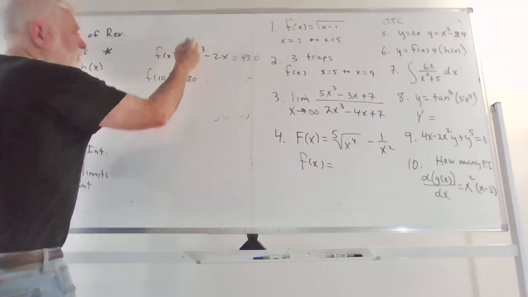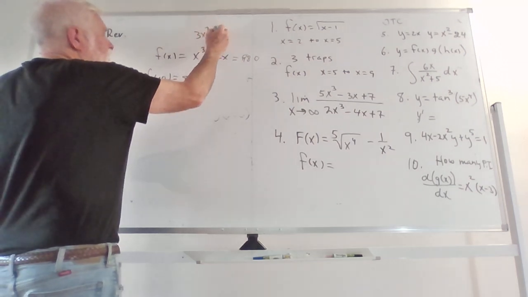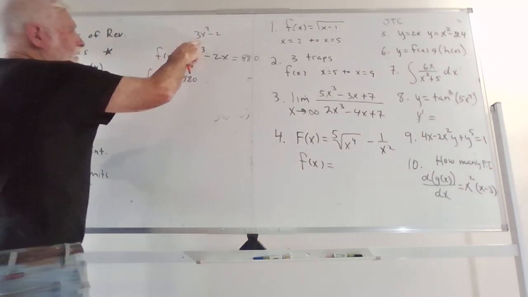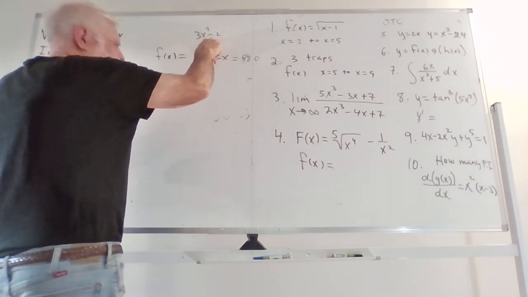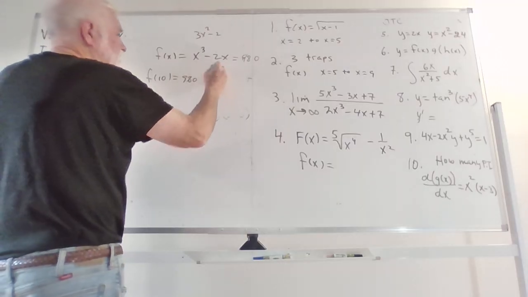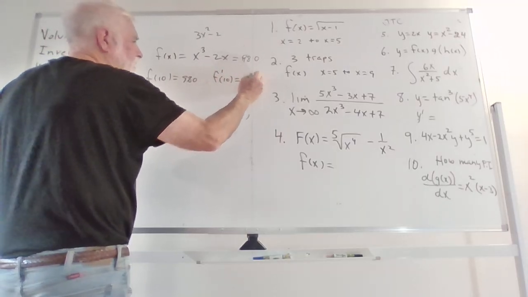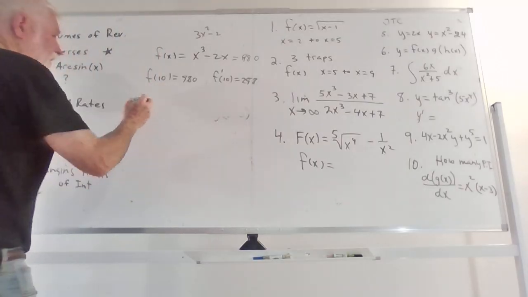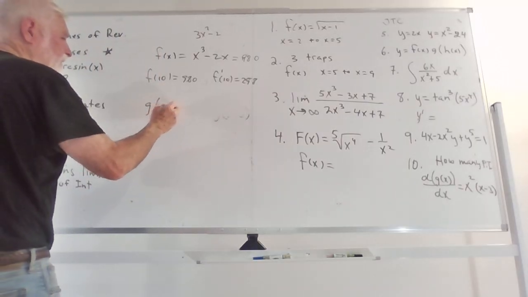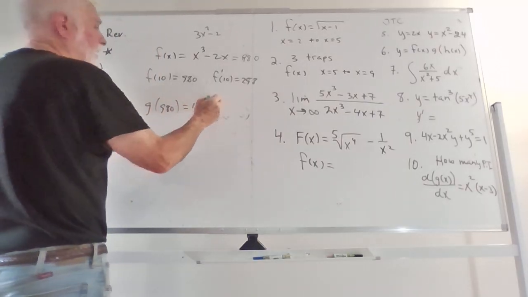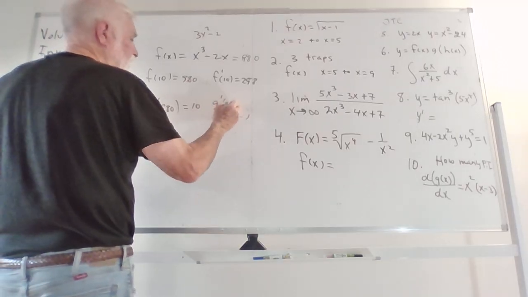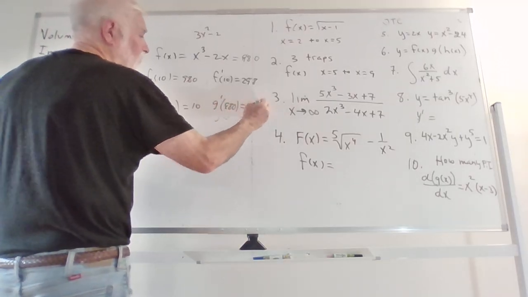And we can find the derivative of this. 3x squared minus 2 at 10 is 300 minus 2, 298. So f prime at 10 is 298. I think we're ready to say that g of 980 is 10 and g prime of 980 is 1 over 298.